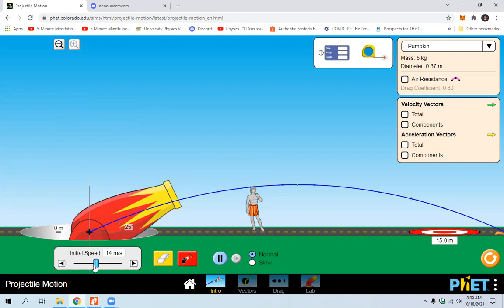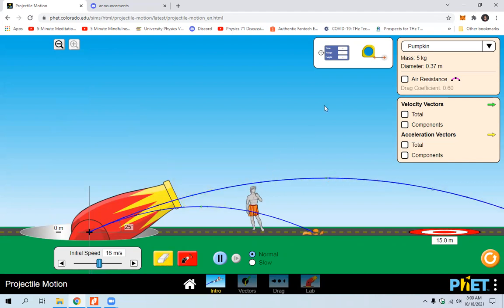Teka, lapitan natin ng konti. Kung gusto erase, i-erase ko lang using the eraser button. Kuha tayo ng malapit-lapit. Okay. Yung isang pinakagagamitin ninyo dito sa experiment na ito ay itong tool na ito. This tells you the time, range, and height at different points in your projectile motion.